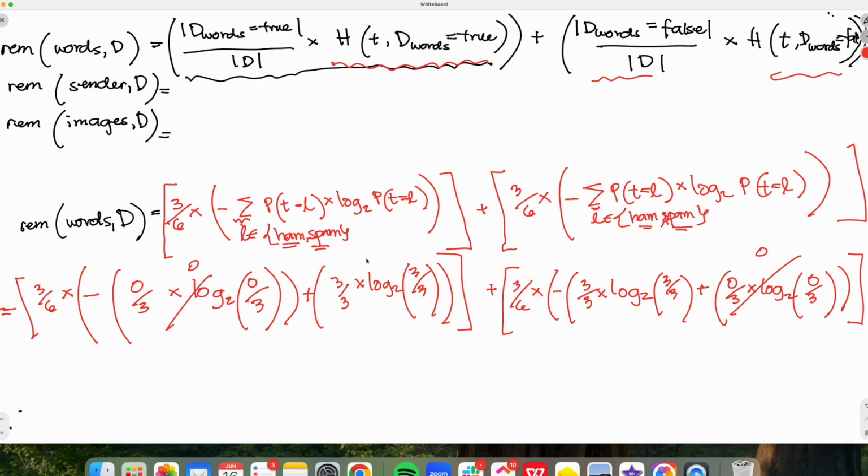And we also know that the log of 1, base x, no matter what base, is always equal to 0. We know that already, so this is 0 as well, because this is 1 and this is 1.